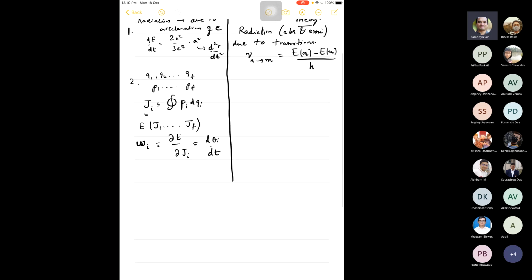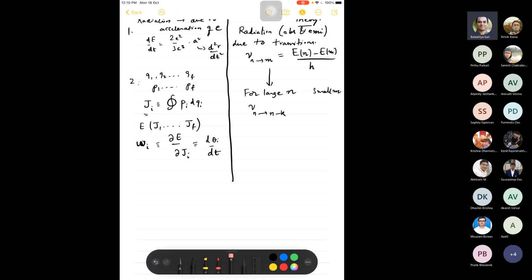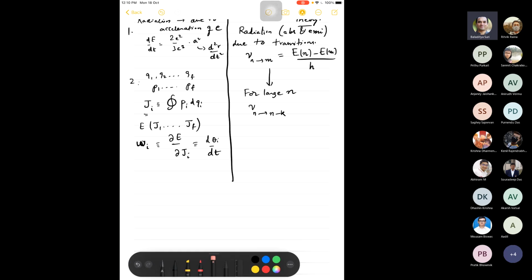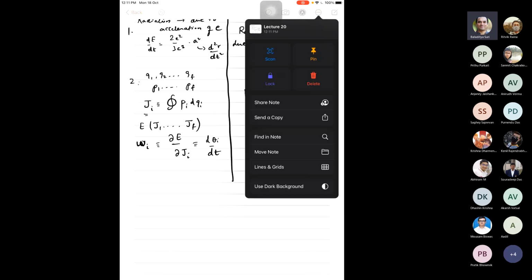So now this formula here for large n and small m, if you write nu n going to n minus k, not small m, actually what we mean is n approximately equal to m.